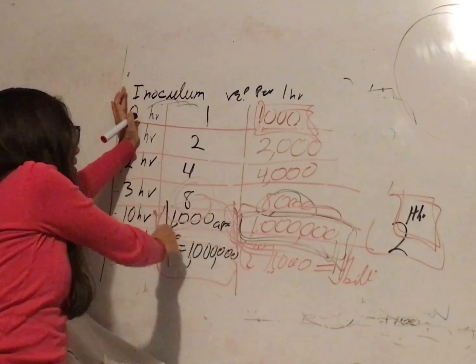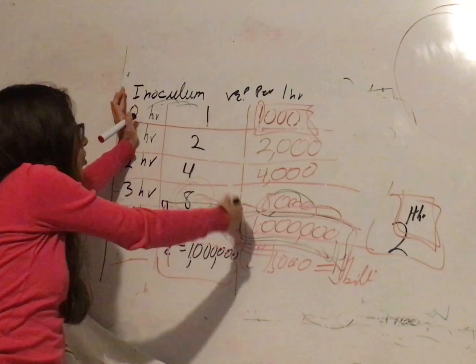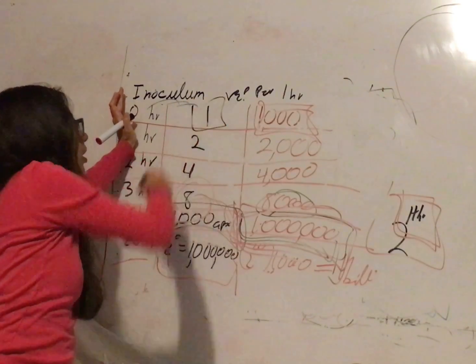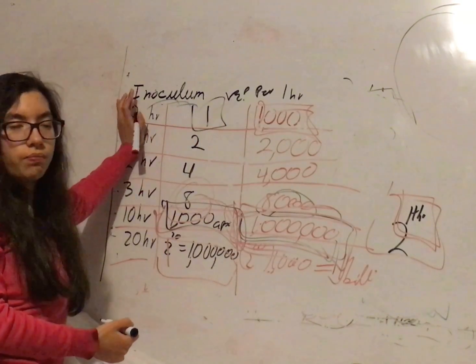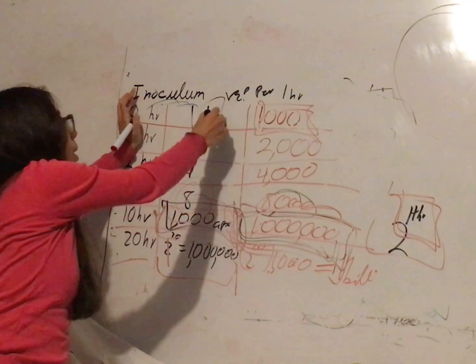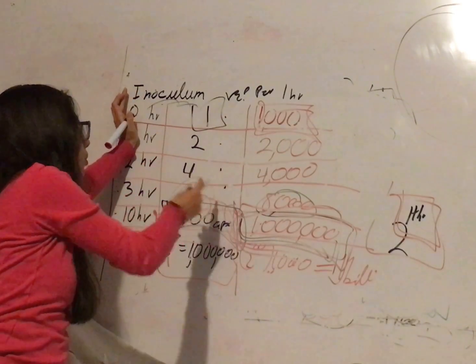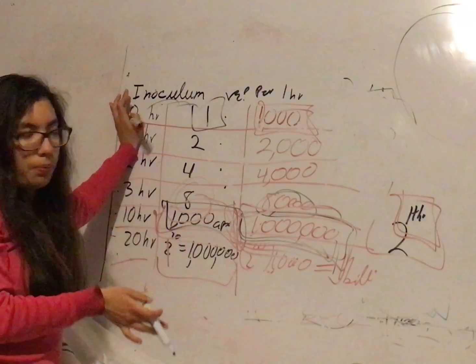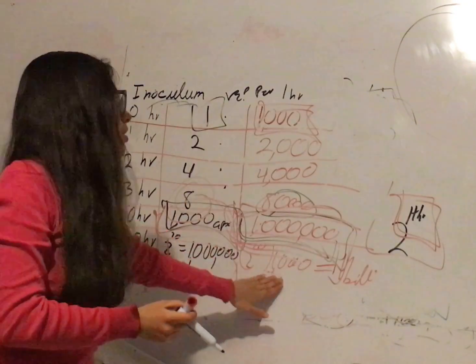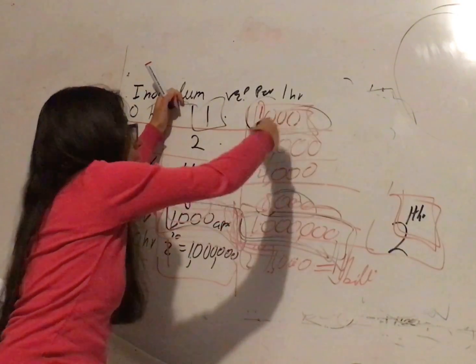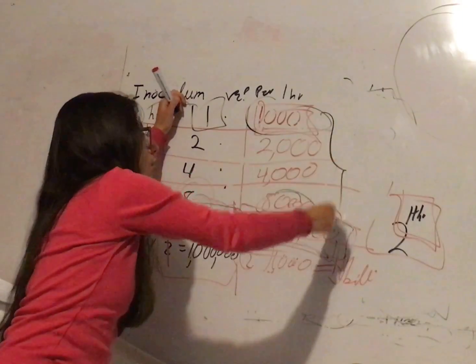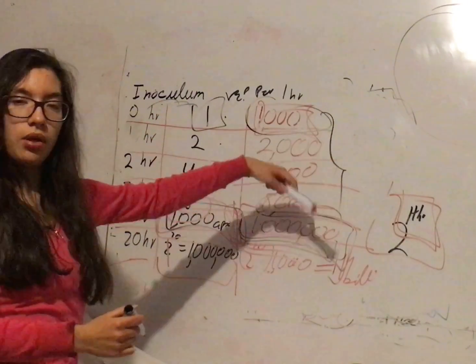So here we have exposed the immune system to viral particles step by step. And here all of a sudden we have 1000 viral particles, and when it replicates, it grows very, very fast.